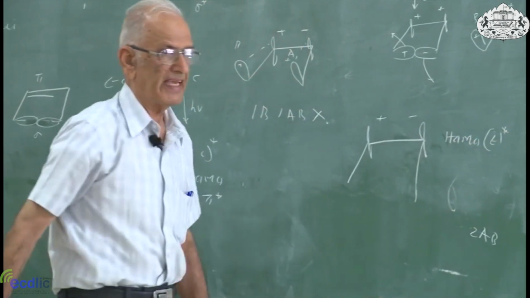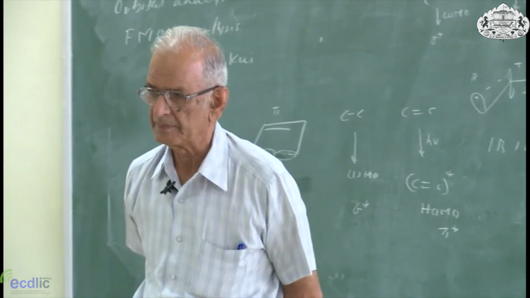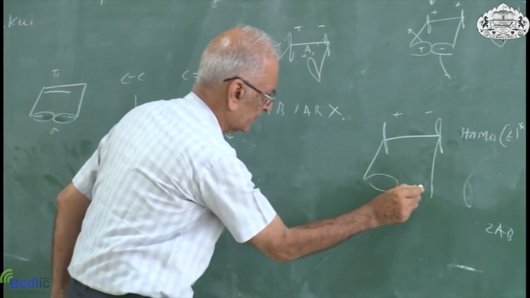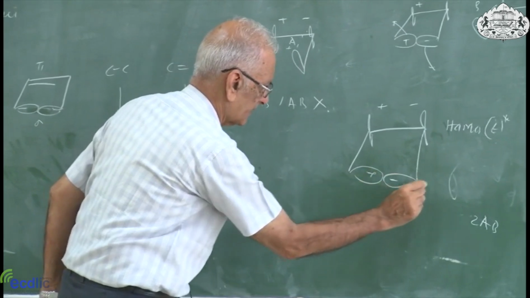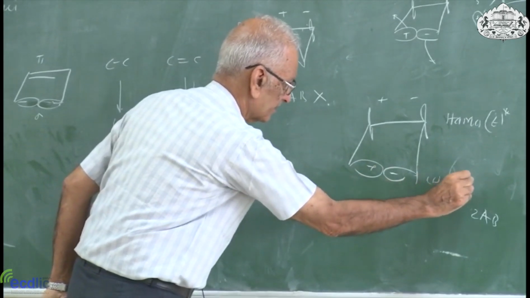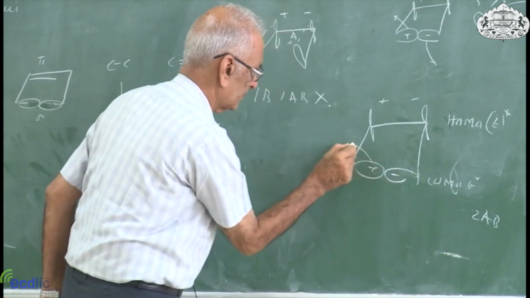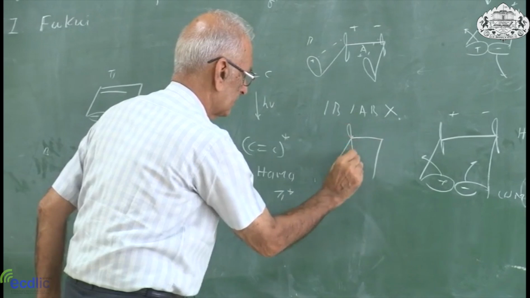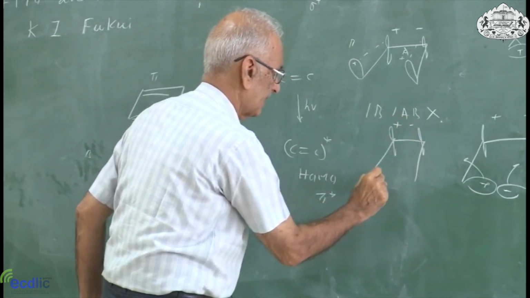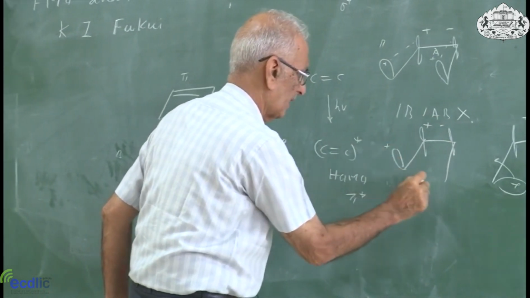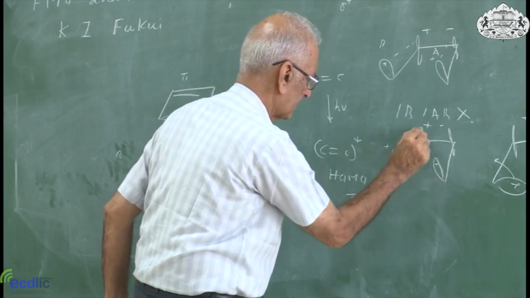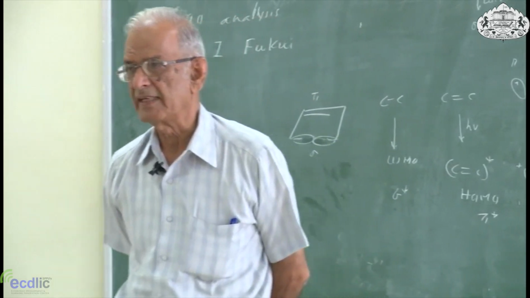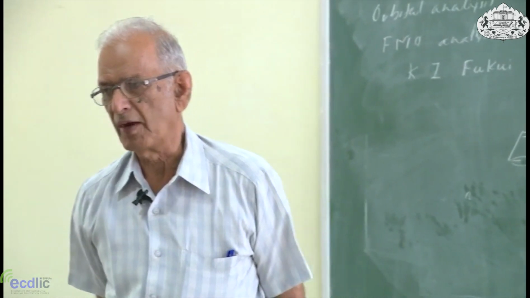It's the HOMO of the excited ethylene. And sigma star, plus and minus. This rotatory, plus and minus plus. This rotatory will give me both bonding.